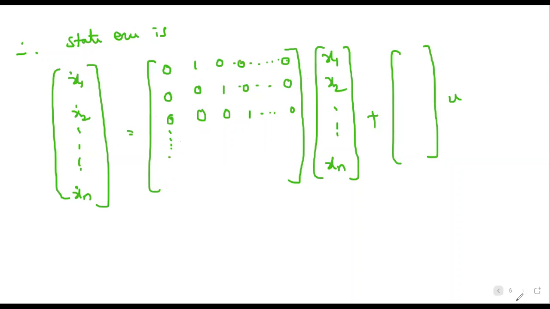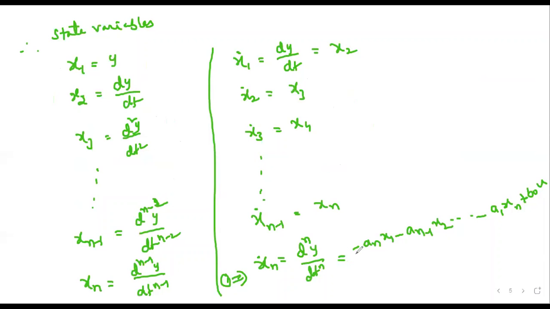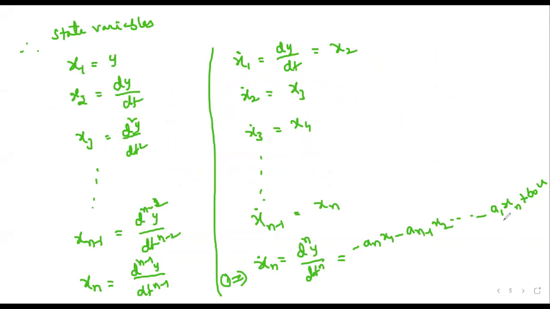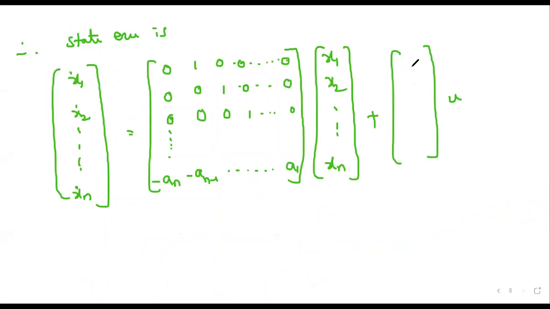Last row: x1 coefficient minus an, next minus an minus 1, and so on. Last coefficient minus a1. Correct? Yes, sir. Next, this B matrix: b naught, 0, 0.